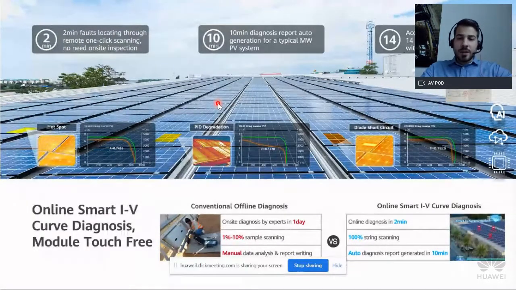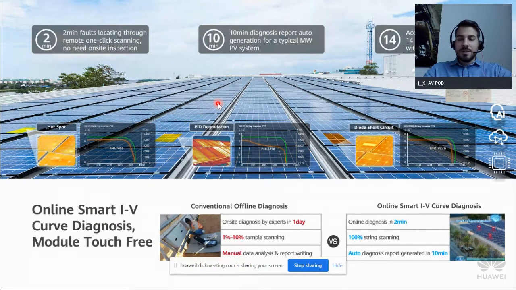So it can record the characteristic of the IV curve, and using artificial intelligence and big data, it can compare it to the set of information inside the inverter to see what kind of characteristics the IV curve resembles.